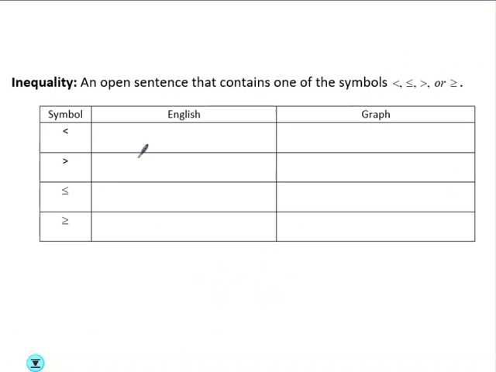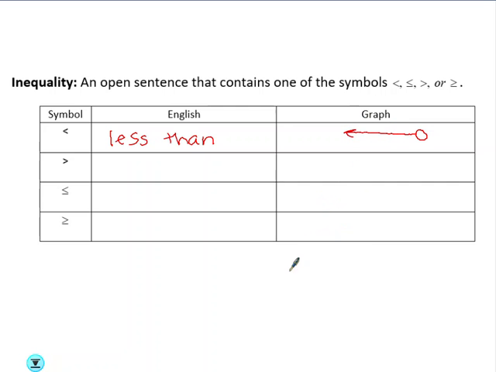So let's define these symbols. The first one is less than. When we graph this on the number line, we are going to use an open circle and then an arrow to the left.